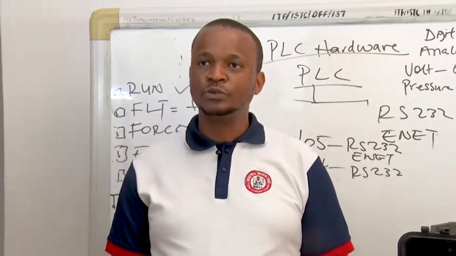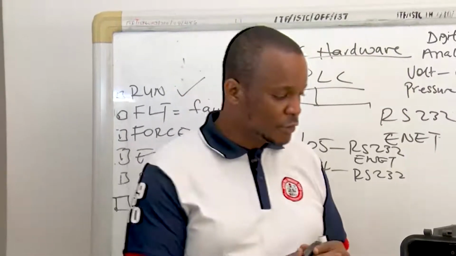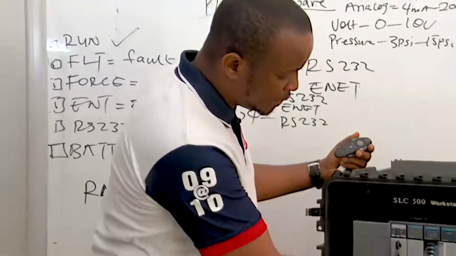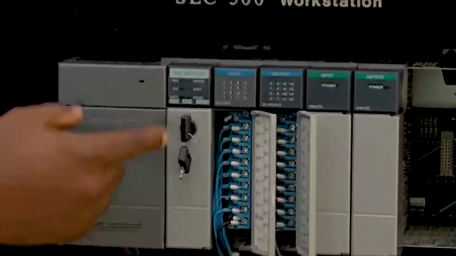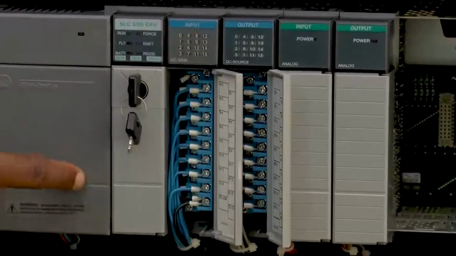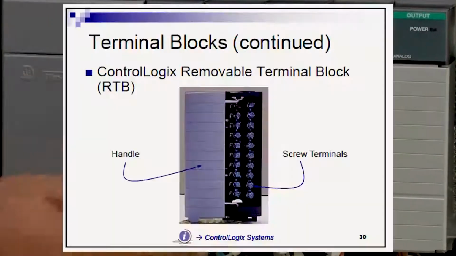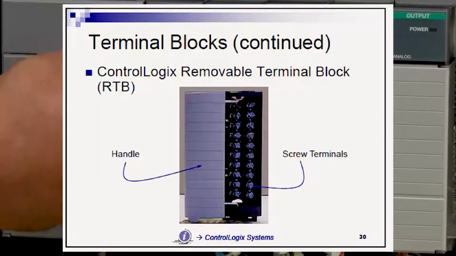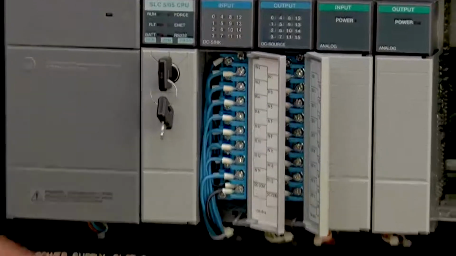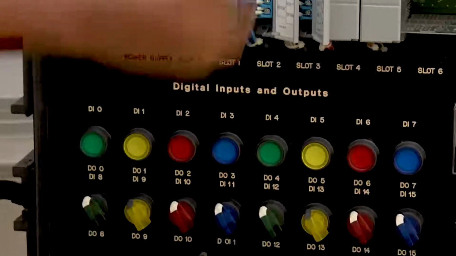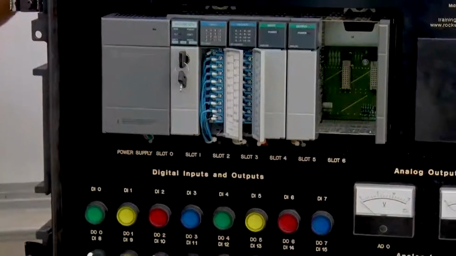So I explained to you the backplane of the PLC, and I also want to tell you about the terminals. So these are the terminals to the PLC. These terminals are 16, okay? These are called terminal blocks. So you have 0 to 15. Each of these input devices and output devices are connected to the input and output modules respectively.